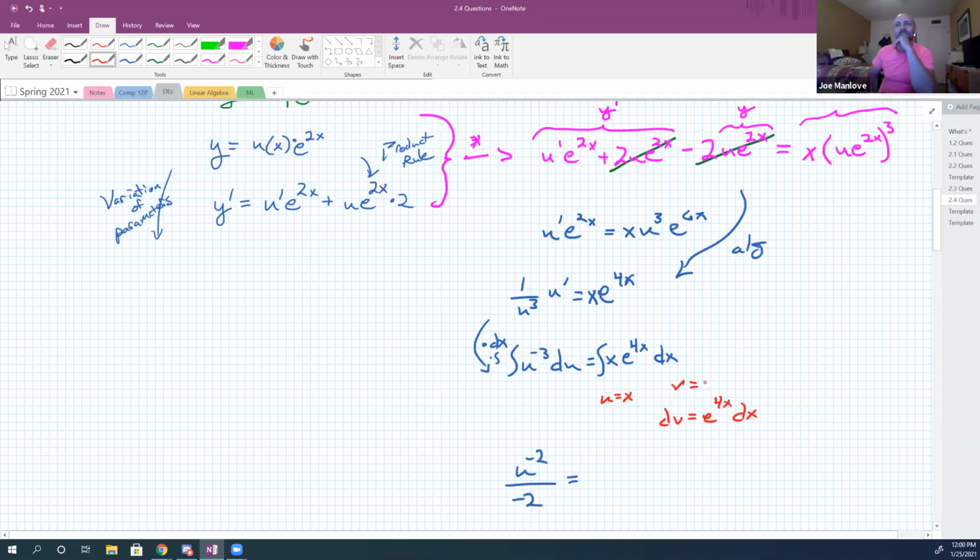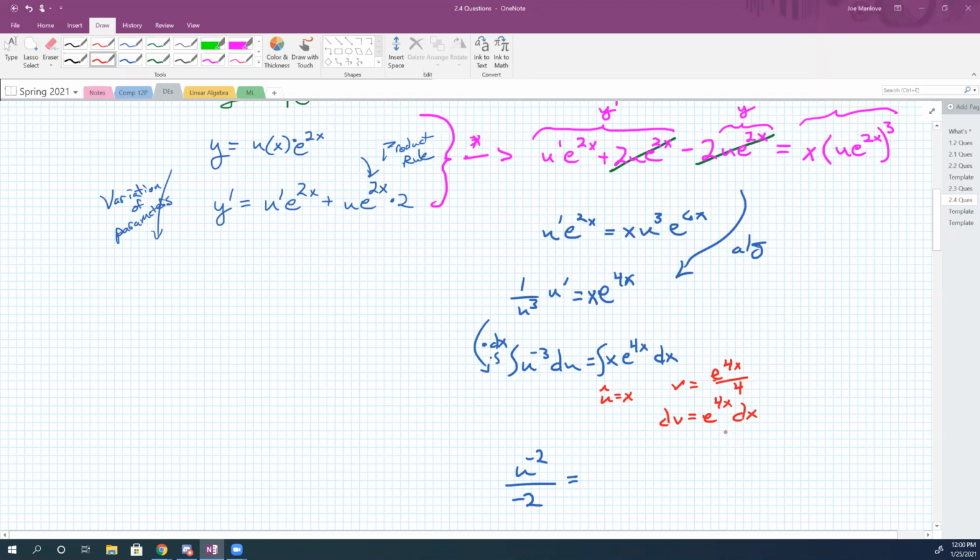And so v is e to the 4x over 4. And du is 1 dx.